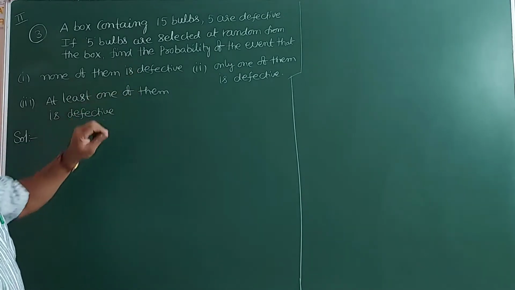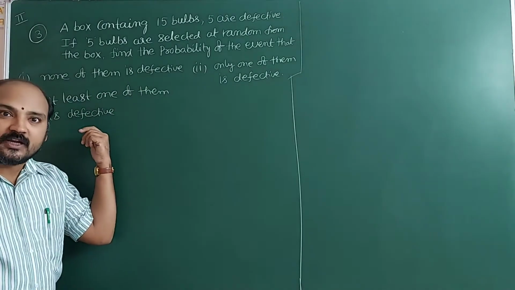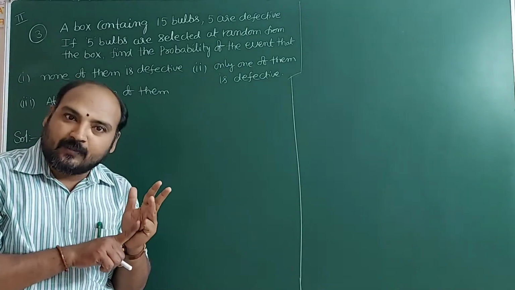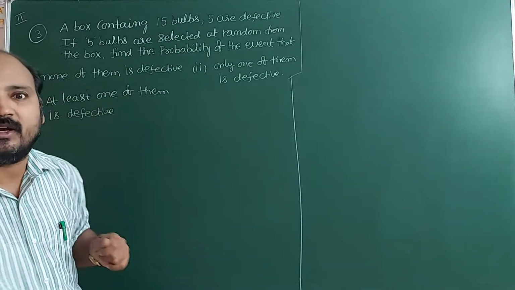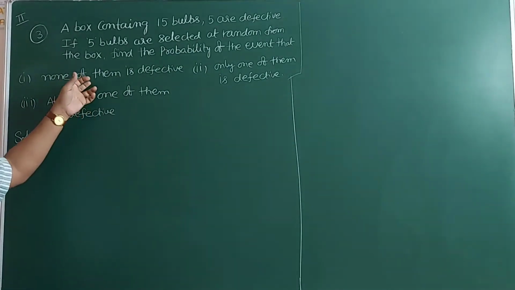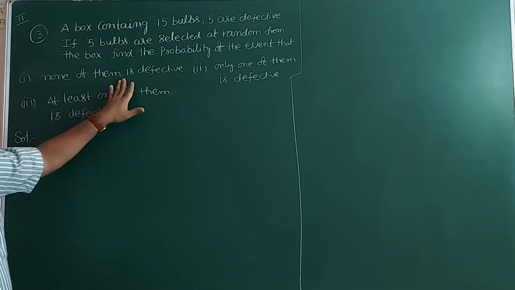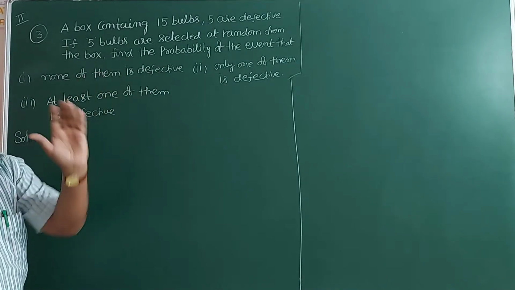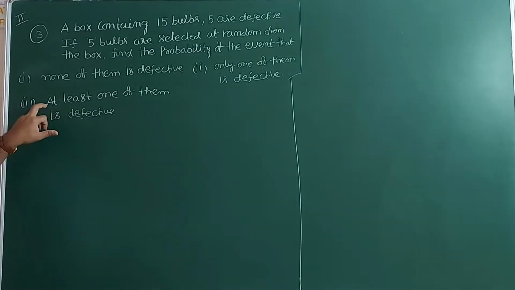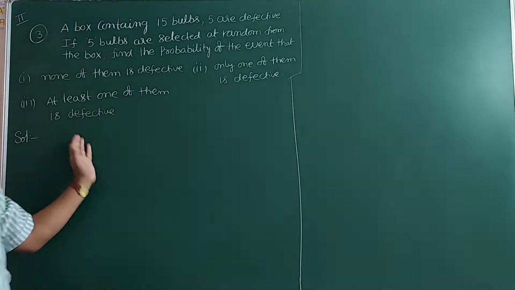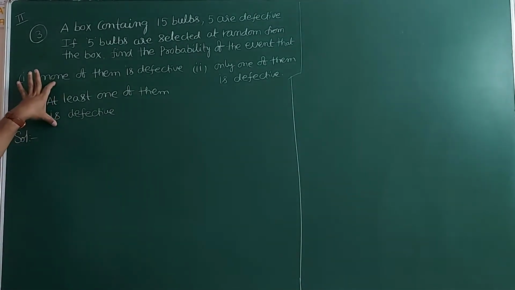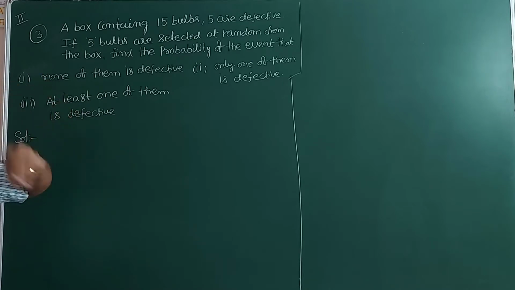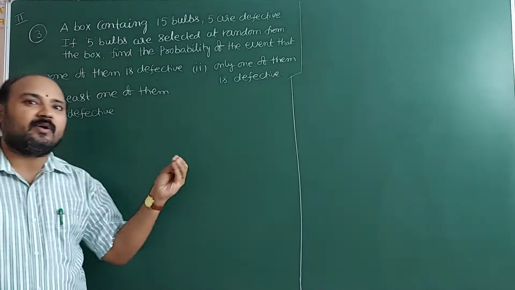Here, at least one of them is defective, which means either one bulb or two bulbs are defective, and in total 5 defective bulbs are there. So it is the reverse of the first one. After getting the probability that none of them is defective, if you want at least one of them defective, take 1 minus this value, the complementary event. Keep the relation between these two in mind; anyway, I will explain.